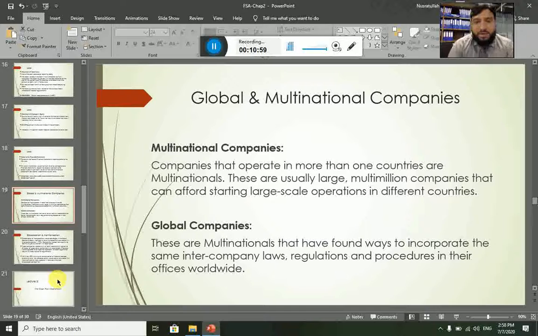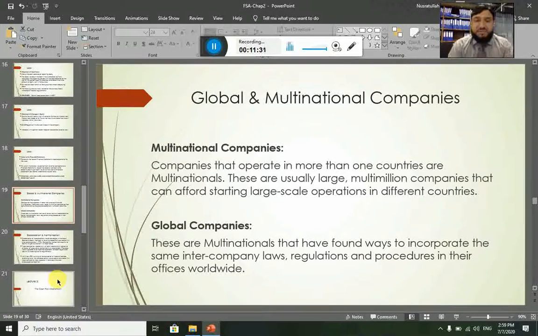Basically, a global company should be a multinational company, but the difference is that a multinational company may not have the same rules for financial reporting over the world, but global companies have the same standards, the same rules for reporting their financial information throughout the world. So that's the main difference between multinational companies and global companies.